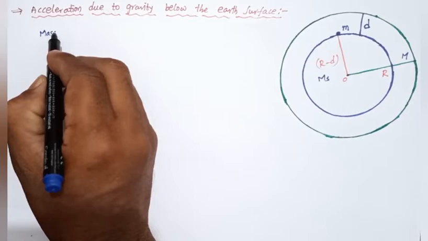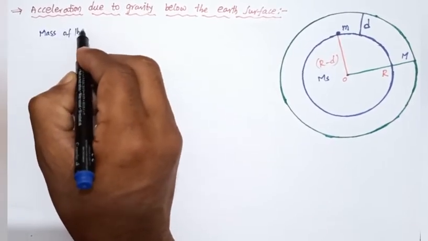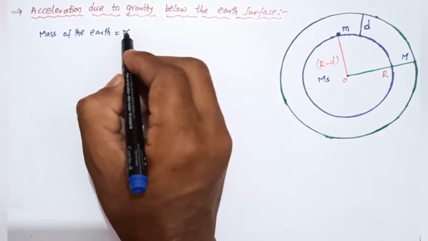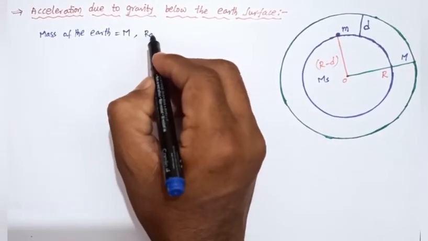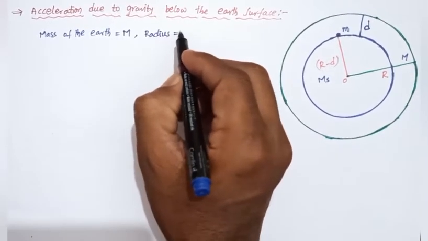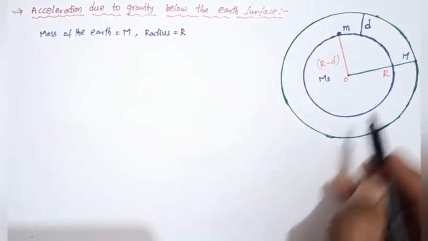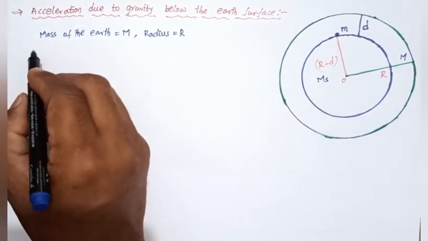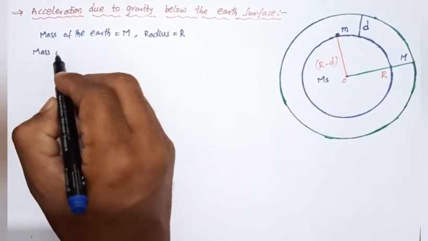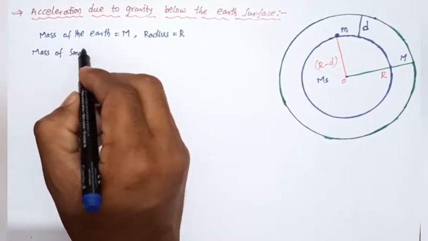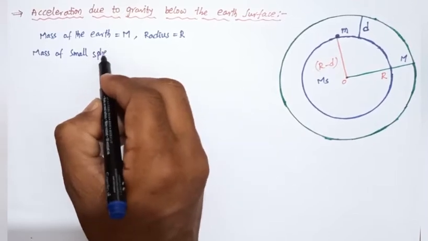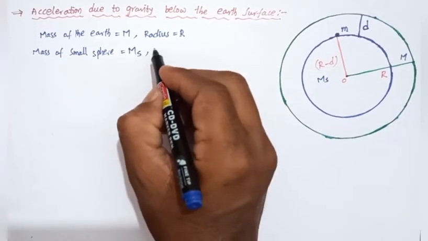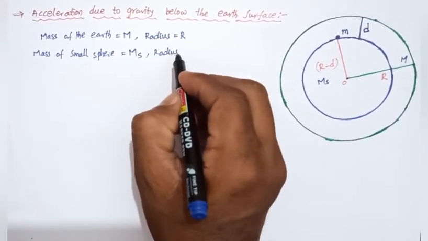The mass of the earth is capital M and the radius is capital R. The mass of the small sphere we consider as ms. Then what is the radius?